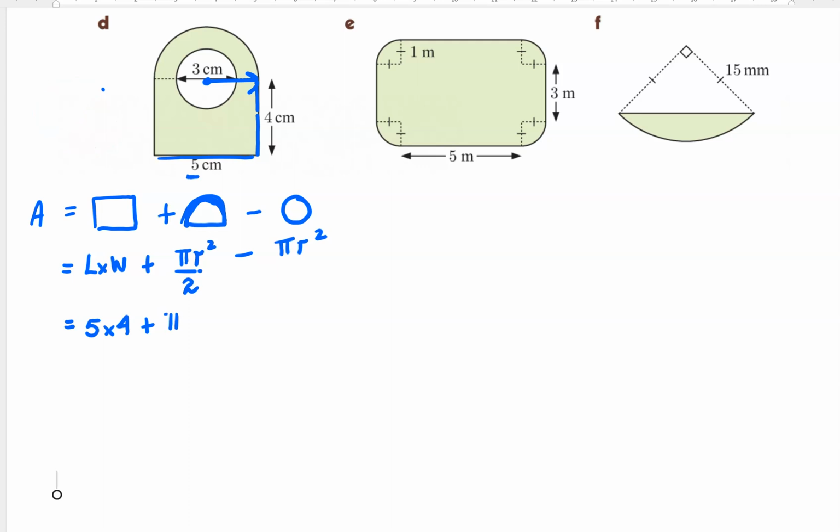So it's pi times 2.5 all over 2. It says minus, I'm going to minus now the small circle there in the middle. It's a whole circle, and once again I know it's just got 3 there, but don't get sucked in. That is the diameter, not the radius. So your radius is half of 3, so minus 1.5 squared.